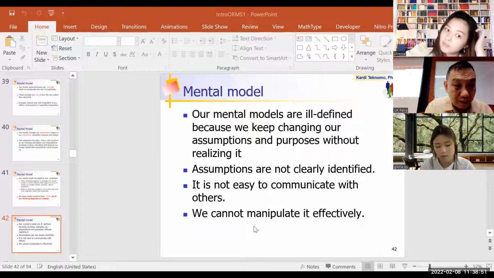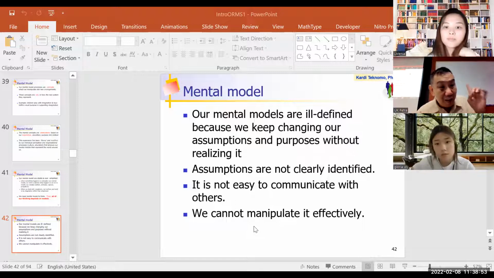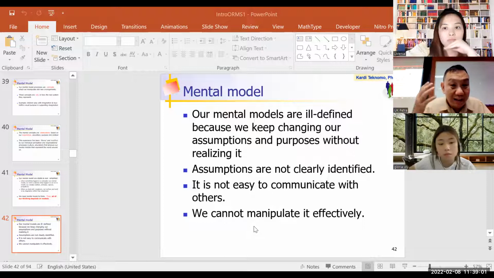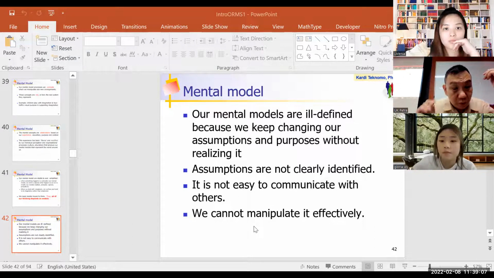Oh, I know it, but I cannot express it. So it's not easy to communicate what I mean by that. That is a mental model. And not only that, it's difficult to manipulate effectively.